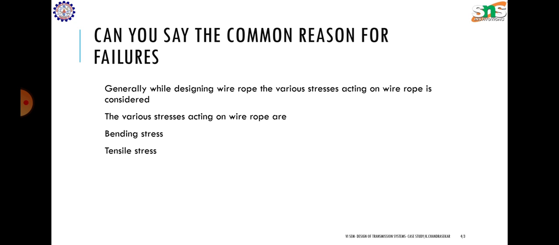Tensile stress is due to lifting the external loads. These two stresses are important while considering the design. If we consider these two and design accordingly, then there is less chance for failure.